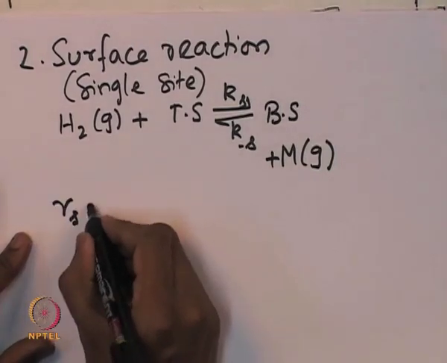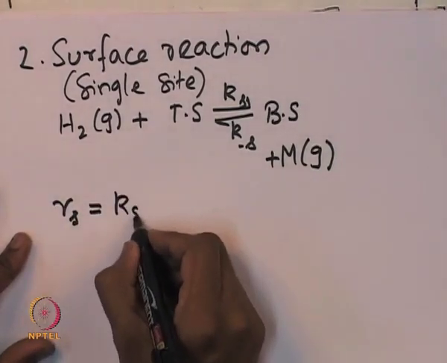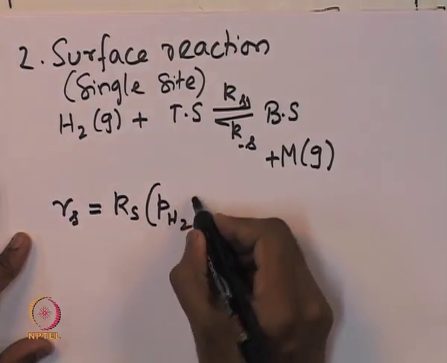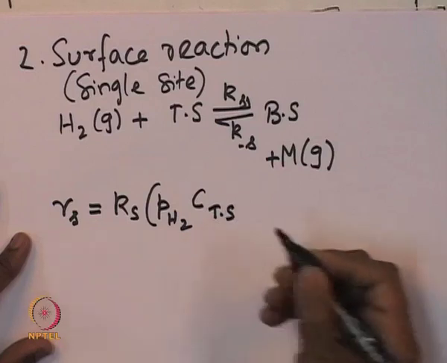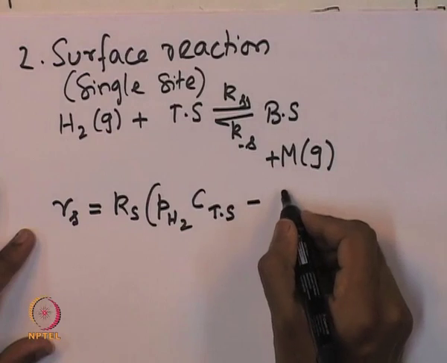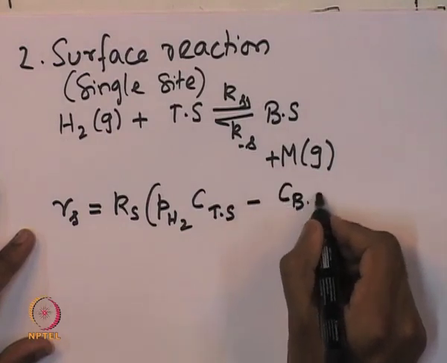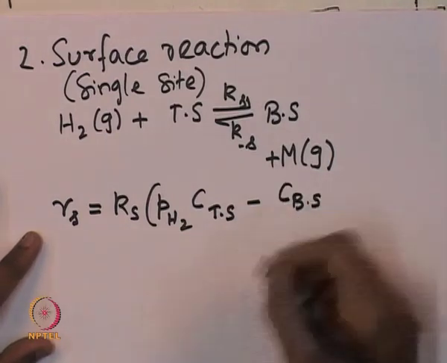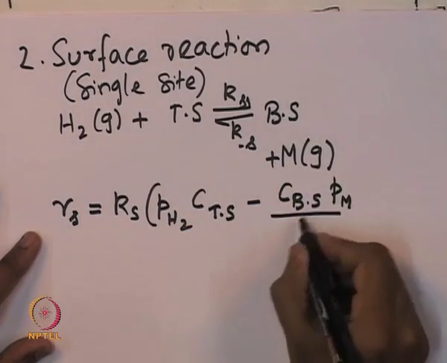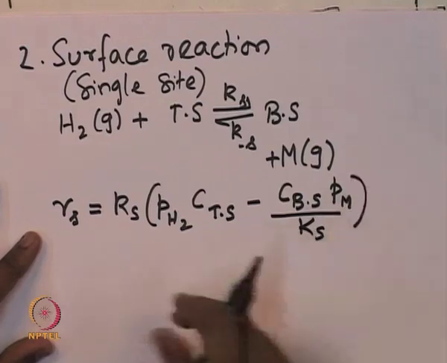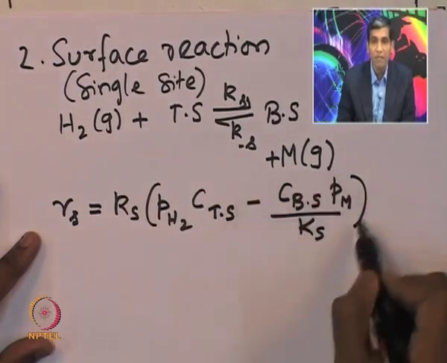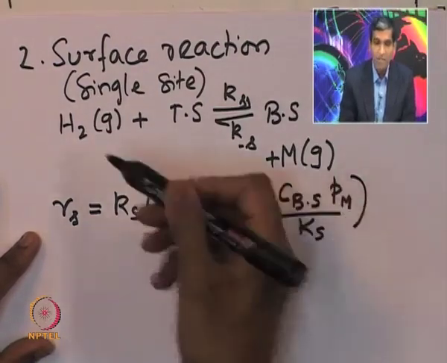The surface reaction rate is given by Ks multiplied by the partial pressure of hydrogen times the concentration of the sites in which toluene is adsorbed, minus the concentration of the sites in which benzene, the product, is adsorbed, multiplied by the partial pressure of methane, divided by the equilibrium constant. The first term corresponds to the rate of the forward reaction, and the second term corresponds to the rate of the reverse reaction.